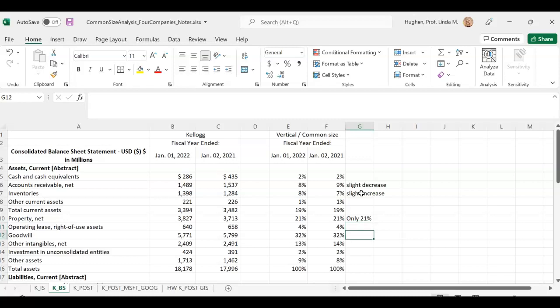And what is their largest asset investment? It's in goodwill. And when I went to the financial statements just to find out a little bit more about goodwill and other intangible assets, it seems this was probably generated from Kellogg's owning a lot of different brand names. If you just Google Kellogg's brand names, you'll see all of the different ones that you'd recognize.